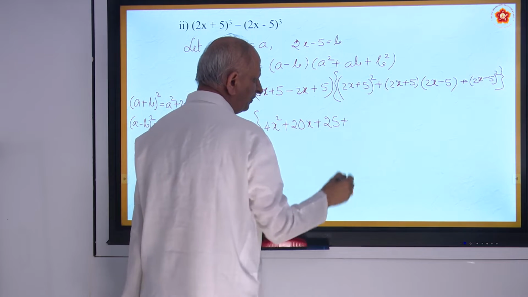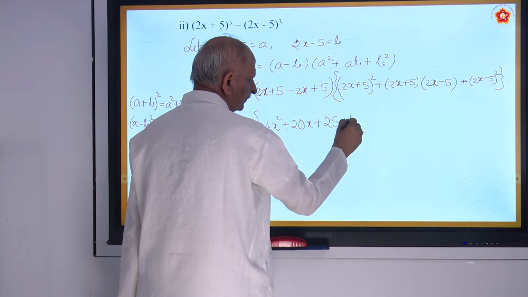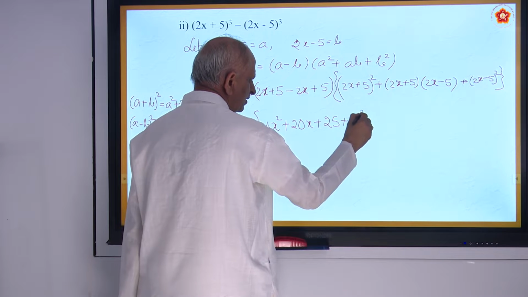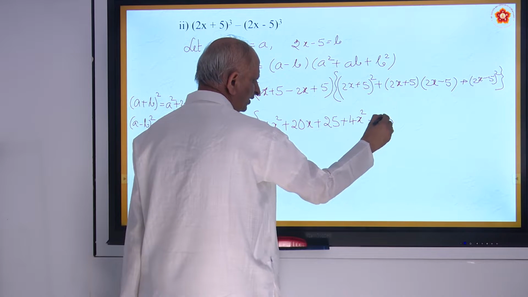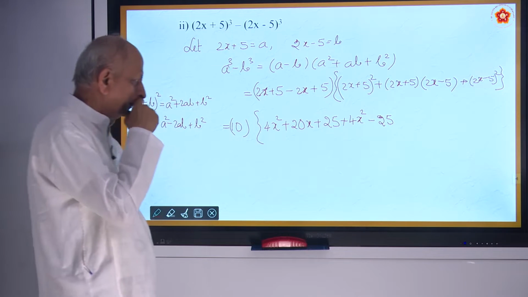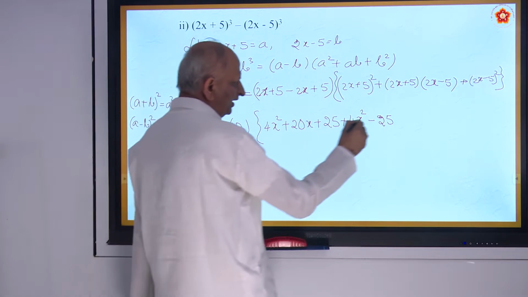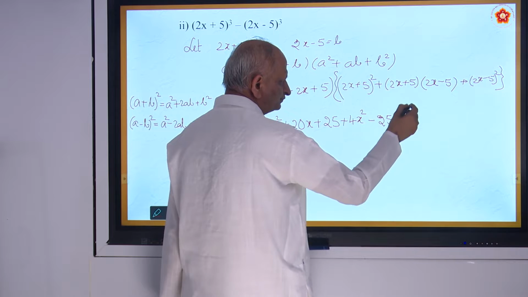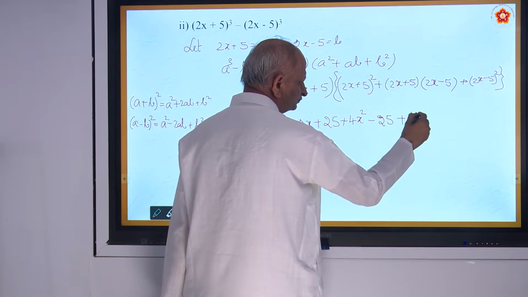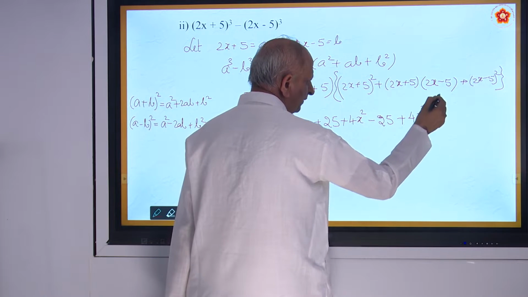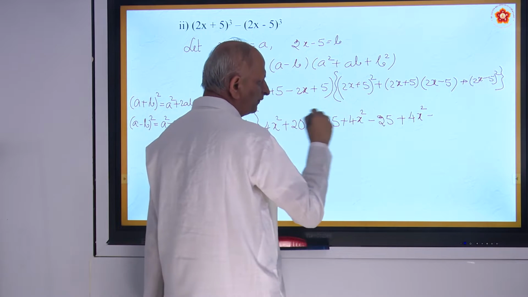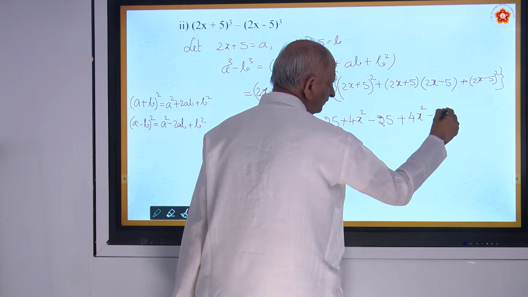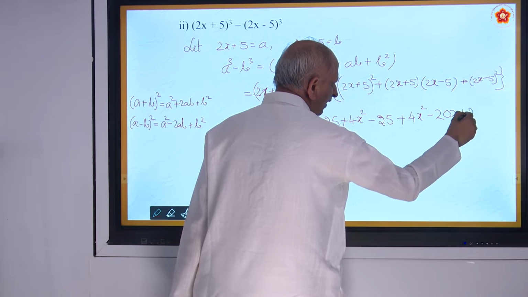a plus b into a minus b formula, a² − b², 5 squared, that is 25. Lastly, the (a − b)² formula, a² − 2ab, that is 2 into 2, 4, 4 5s are 20x, plus b².